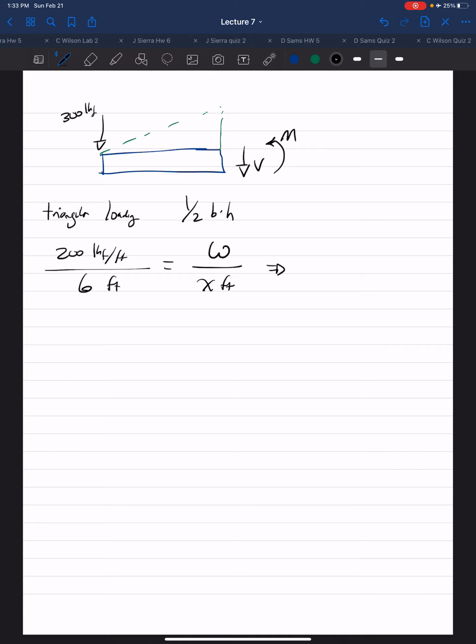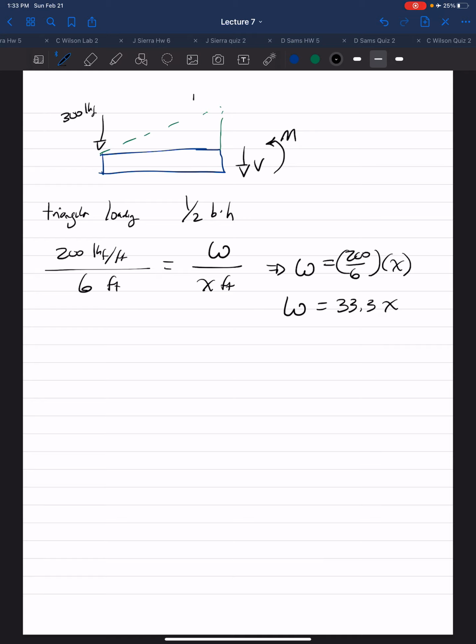Rearranging this equation, you have W is 200 over 6 times x. So this is 33.3x. It's our new loading intensity.